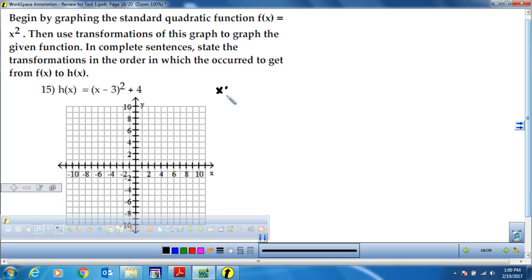So we're going to create a little table for that function f of x equals x squared. The first thing is that we are going to use the common values. Now this one is not a square root or a cube root, so we can use the values that you were taught in section 2.1, which is -2, -1, 0, 1, and 2.